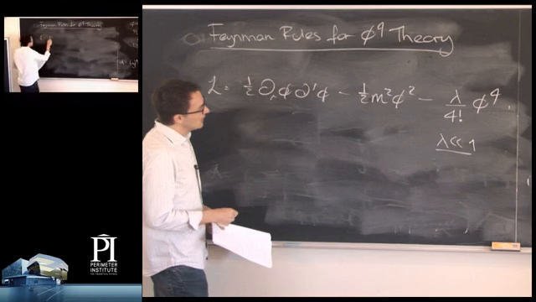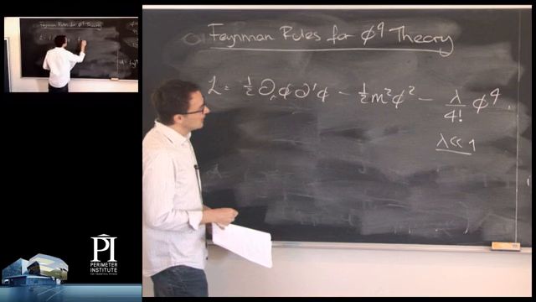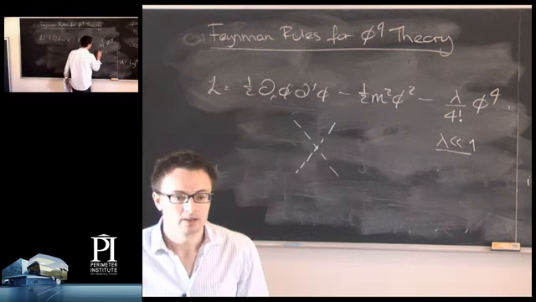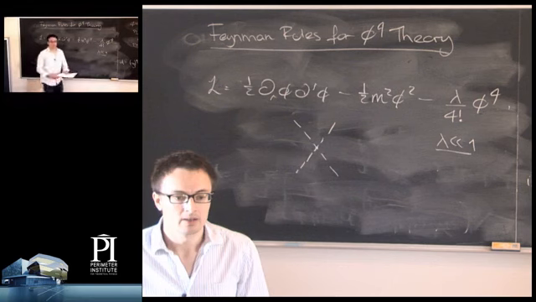It's just a single real scalar field with a marginal coupling. Marginal means that this is a dimensionless number. Okay, so you just take lambda to be much less than 1, and now you've got a weakly coupled theory that you can start to compute.